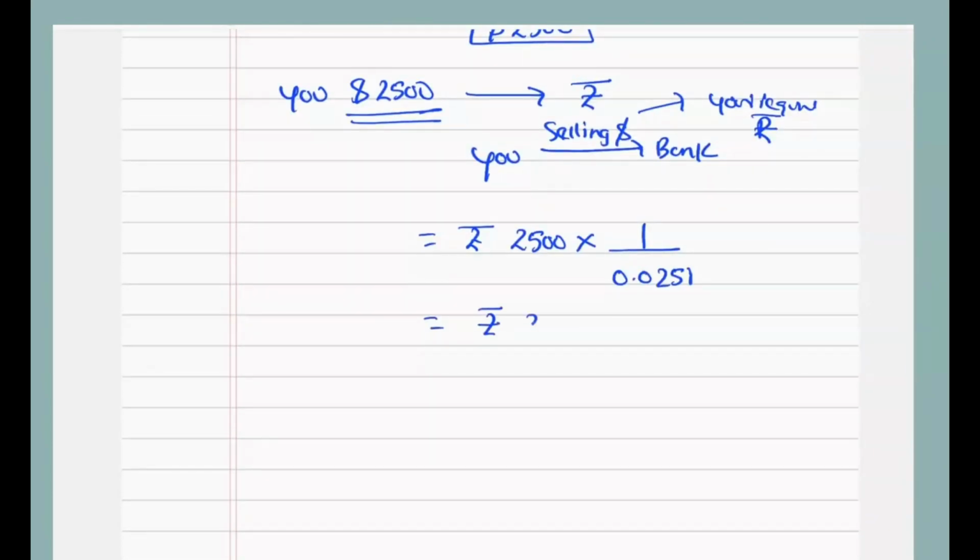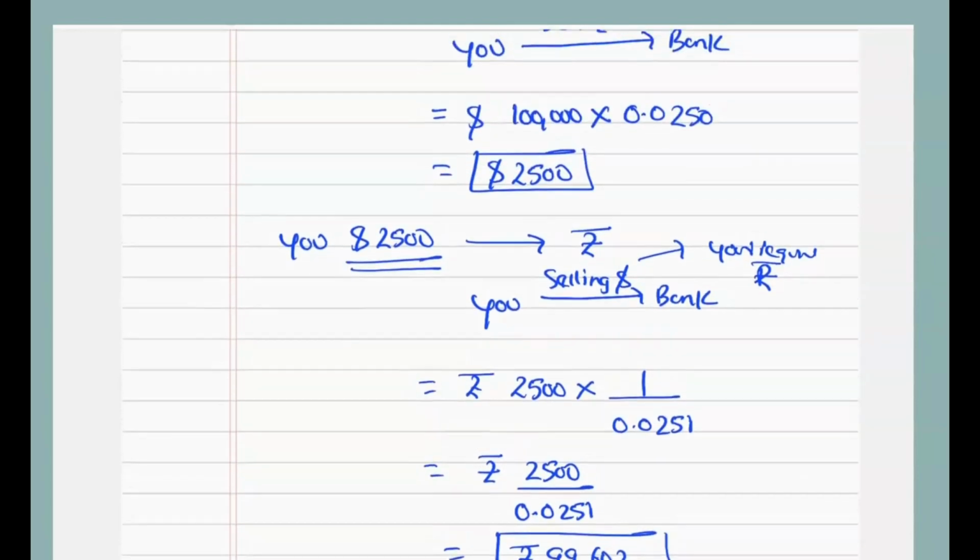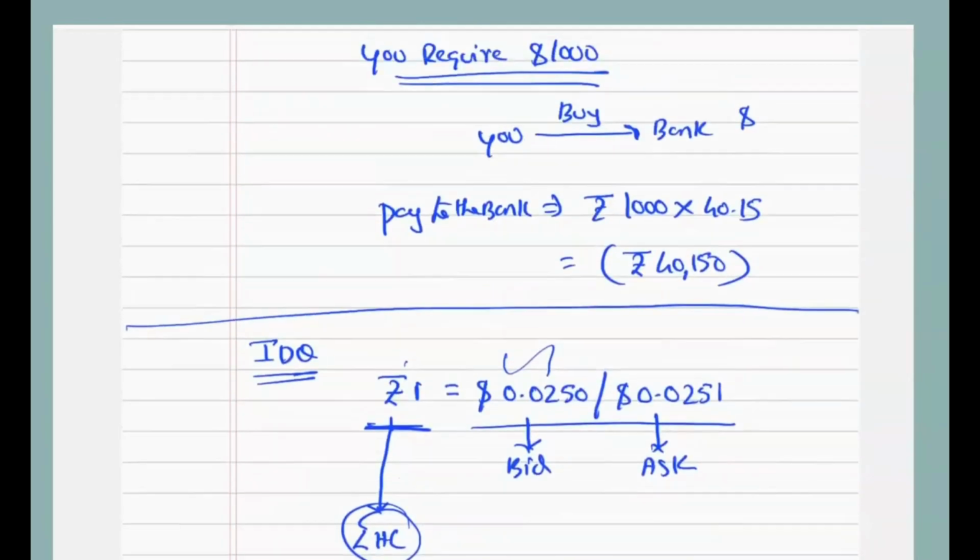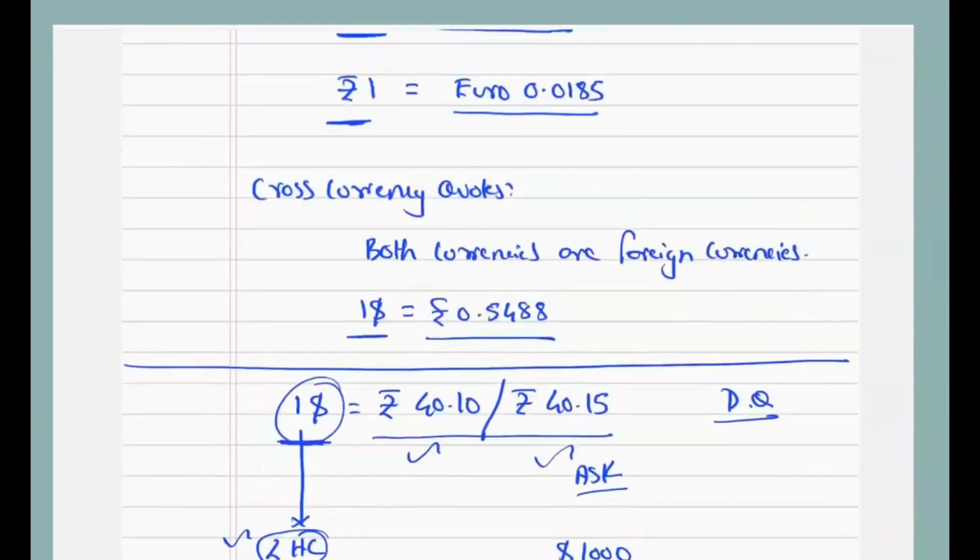You have 2,500 divided by 0.0251, which fetches you something around 99,600. So this is the basic crux of conversion of your direct quote to indirect.